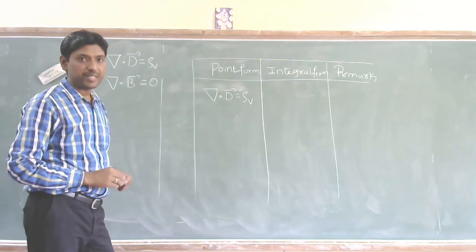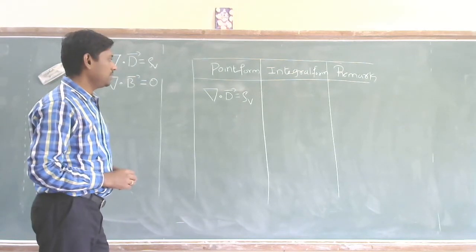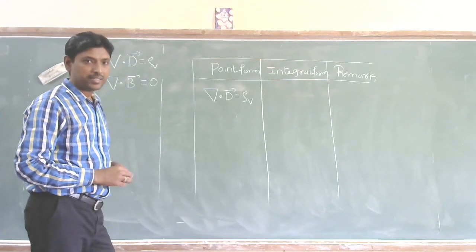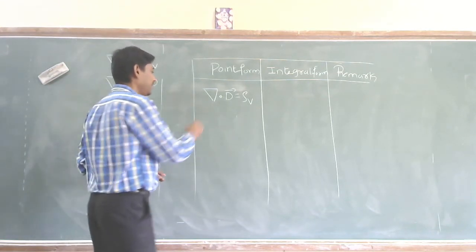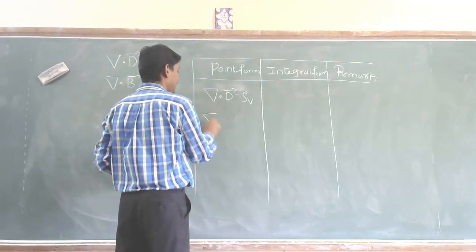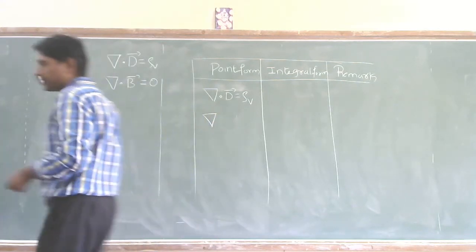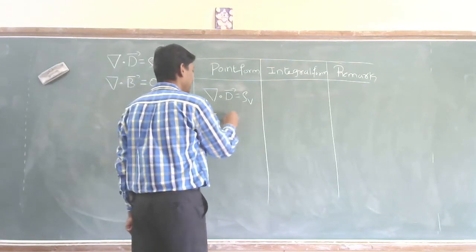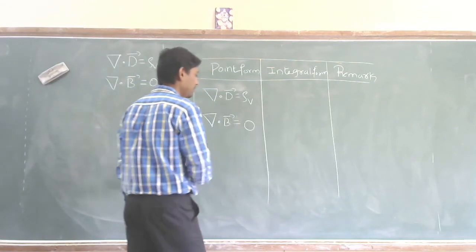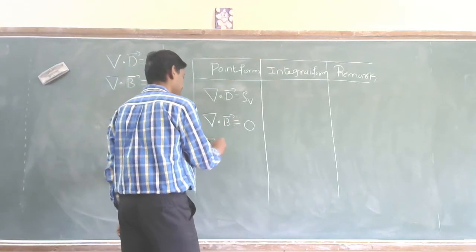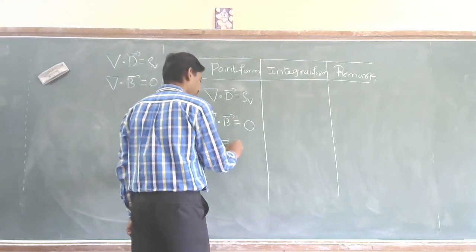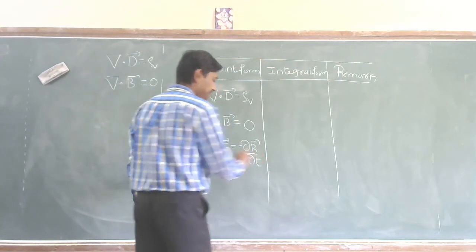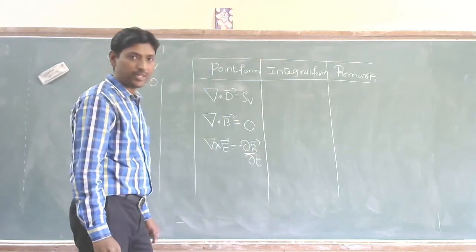It has remained the same for the time varying case and the static case. Then next, del dot B is equal to 0. Next we have del cross E equal to minus dou B by dou T. This one has got modified.